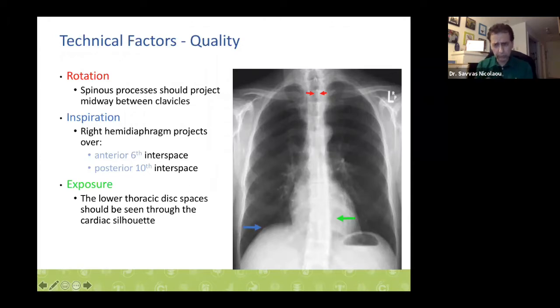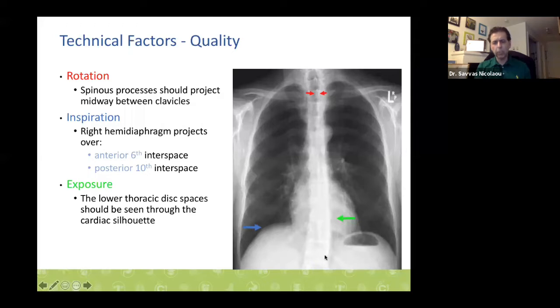And I'll show you how to count ribs. Basically, you can count them anteriorly, rib 1, 2, 3, 4, 5, 6, or you can count them posteriorly, rib 1, 2, 3, 4, 5, 6, 7, 8, 9, 10. It's easier to count posteriorly than anteriorly, but you can count both. But it's very important to also count ribs from an inspiration perspective and also identify rib pathology.